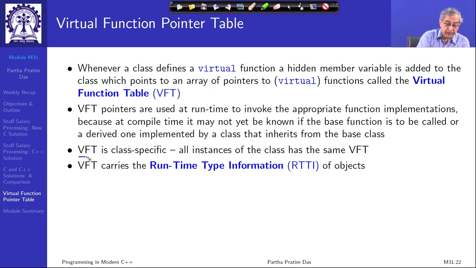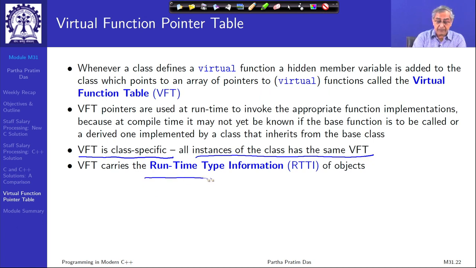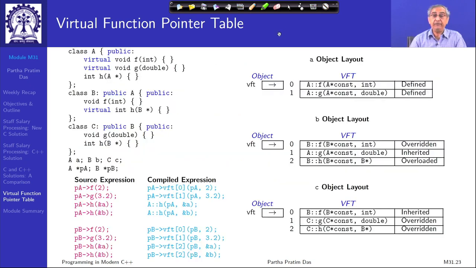The most critical point to remember is that it is class specific, and all instances of the class have the same VFT, because it depends on the structure. Even though in C you never write down the type of the object, this pointer to the virtual function table will be different for every class, but the same for all instances of the same class. So, at runtime it will always indirectly tell you which type you are dealing with.